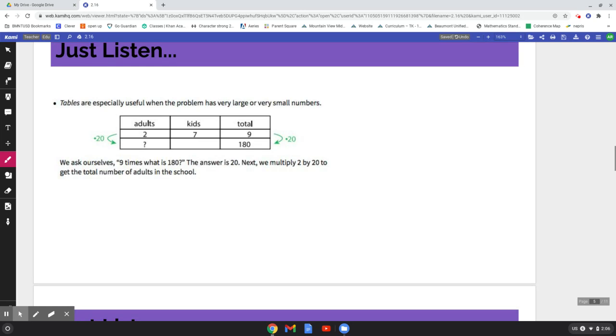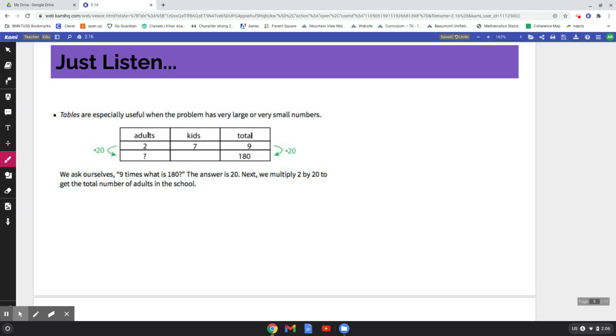And then the tables are very useful, especially in a problem like this, because it doesn't matter if they're large or small numbers, right? So if you look at this, it says the adults, there's 2. Kids, there's 7, and the total is 9. Well, if you multiply 2 by 20, you get the 40 that you saw a little bit ago.